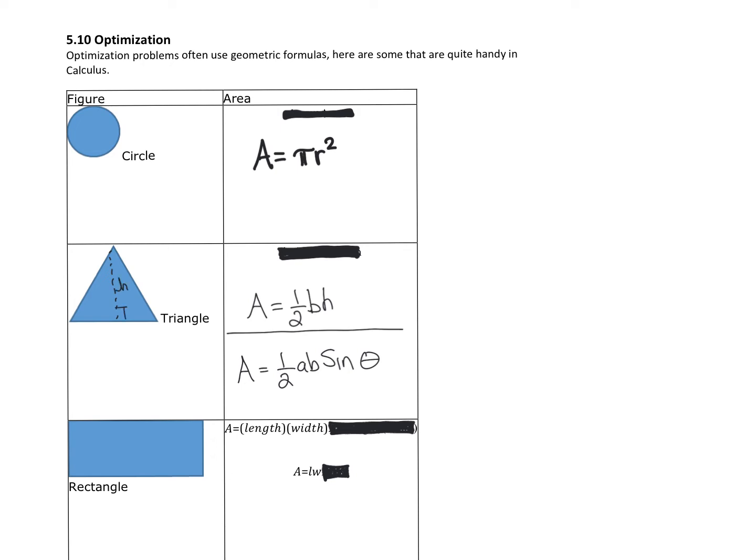So if you're not looking at a right triangle, you could draw that and then work on finding the height. The next one is the formula for a rectangle. The area of a rectangle is length times width, or L times W.